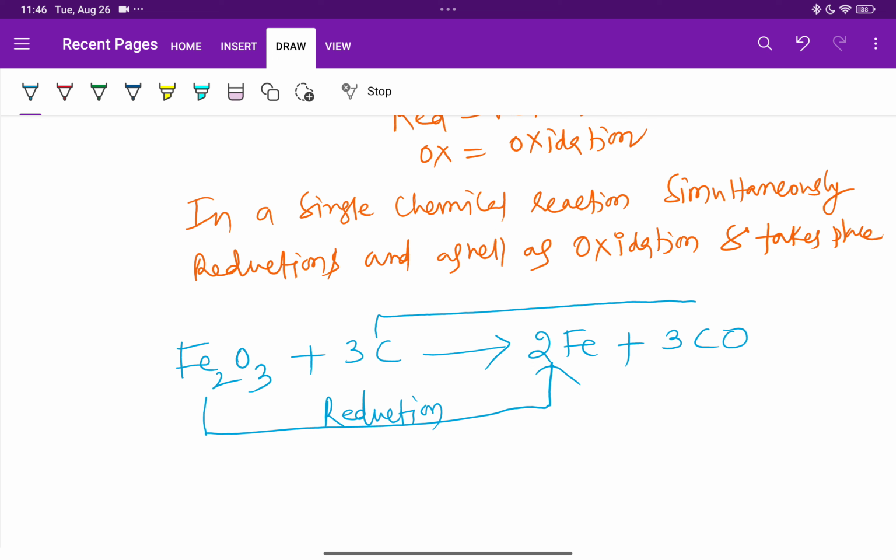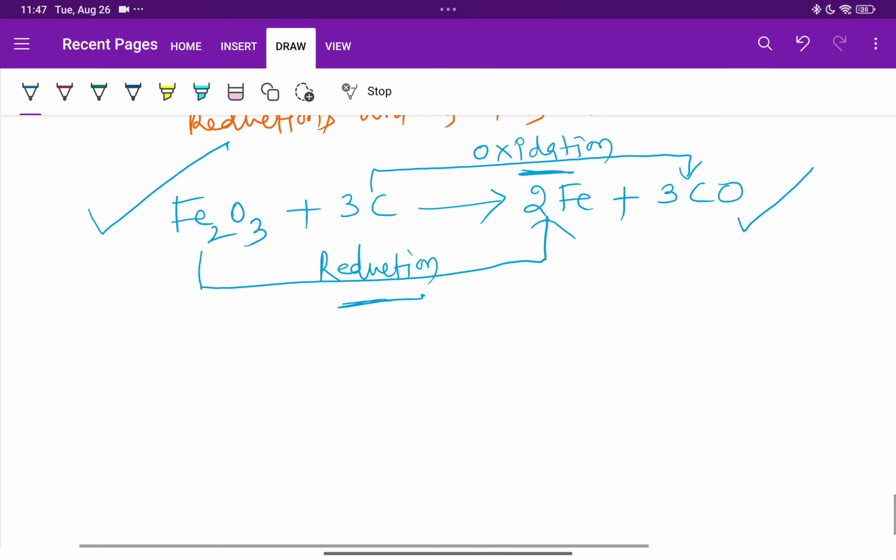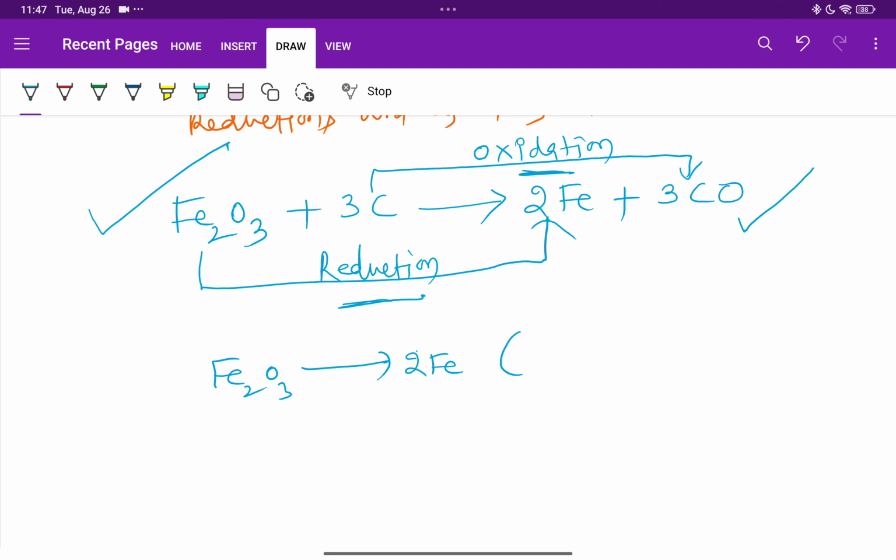Carbon is converting into carbon monoxide, which is called oxidation. So in a single equation we are observing reduction and oxidation, then it is called a redox reaction. Fe2O3 converted into Fe is reduction. Carbon converted into carbon monoxide is oxidation.